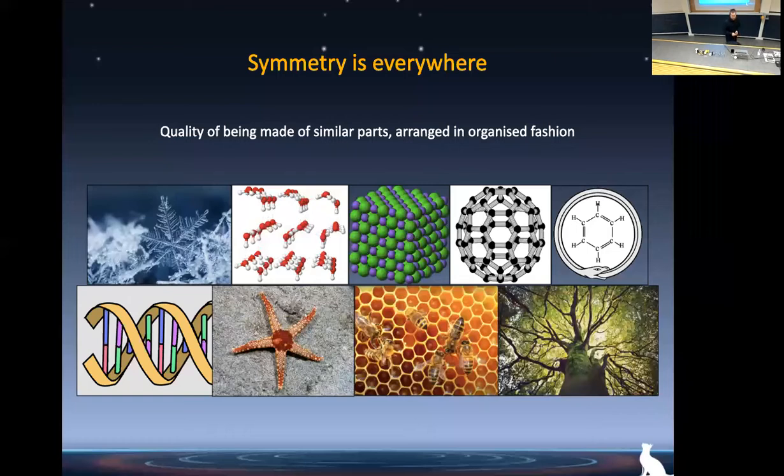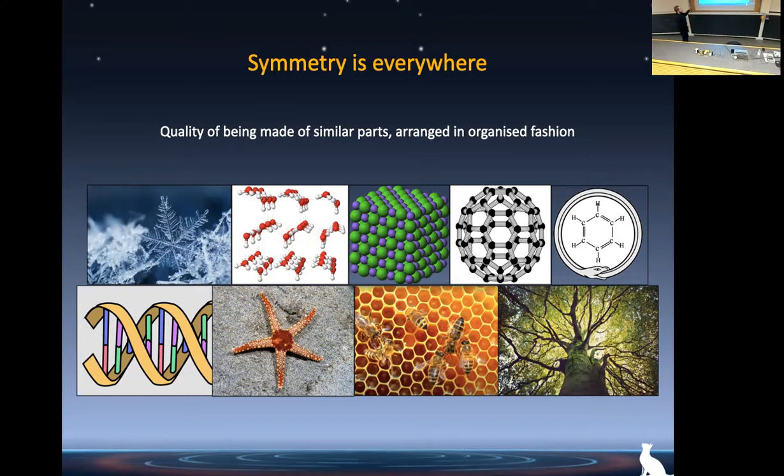These are some pictures that I came up with over the last week. So we have a very simple structure, a nice crystal, a snowflake, with relatively simple symmetry: rotational symmetry around an axis by a certain discrete angle. The full angle divided by 6 is the angle that you can use to rotate the snowflake into itself.